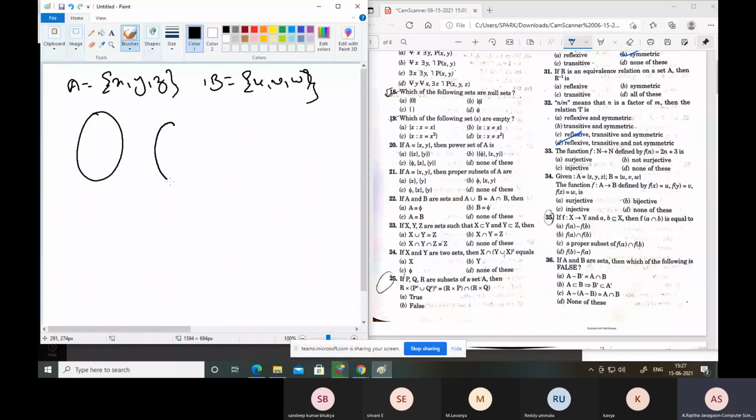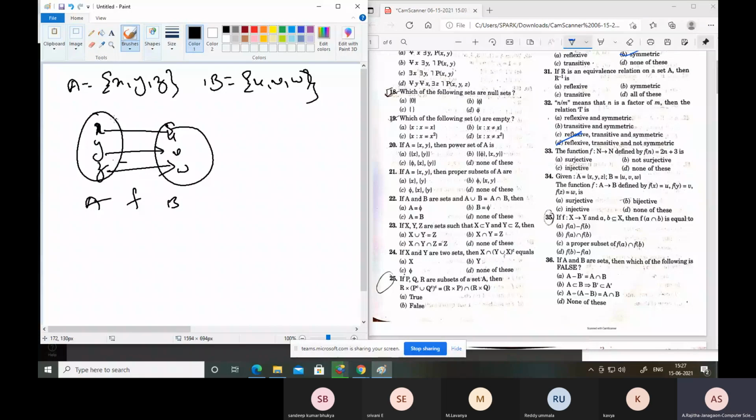This is A, this is B. So f of x equals u, that means u is the image and x is the pre-image. And f of y equals v, then f of z equals w. So this is the function.